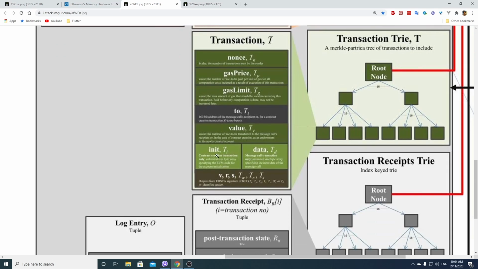So init, if it's the first call for the creation, the values are part of the contract, so you have the code of the contract, but you also have parameters that are sent to the constructor, right? And if it's actually a normal call, then you will have the input data, and basically it tells you which function to call and which are the arguments to that function, and then this is the signature.